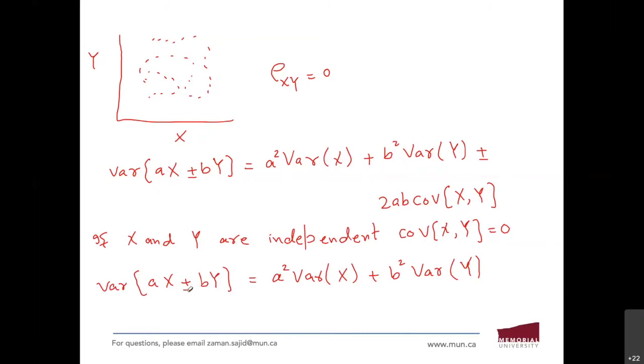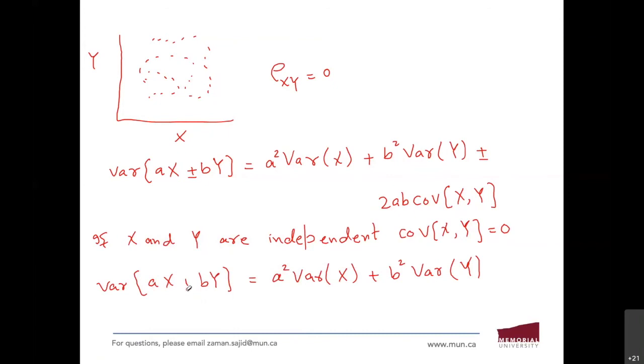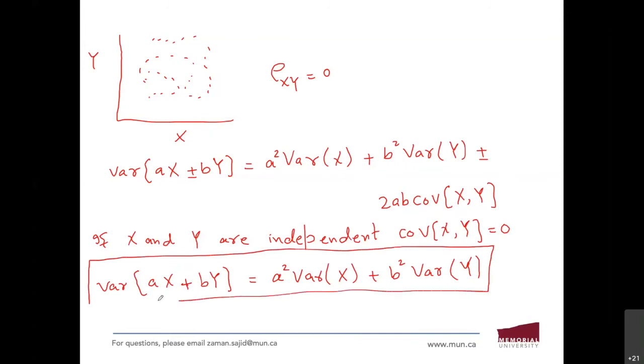So in this equation, I will erase the negative here. That's my equation I use when x and y are independent. In this equation, a and b are constants.